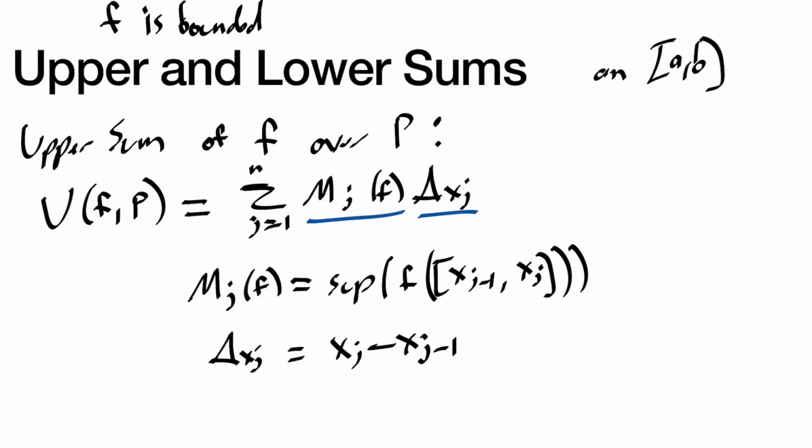So you can see that we're still getting that area and integral idea that we were going for. We've got the height times the width. M is like the height, the largest possible height in the entire interval. And then the width is this delta xj term. The lower sum is pretty similar. There's not a big difference between the upper and the lower sums.